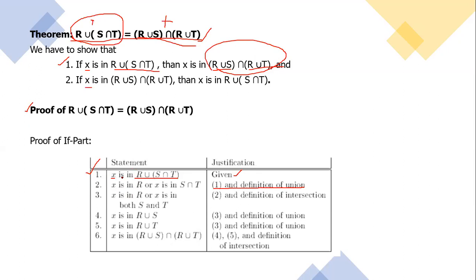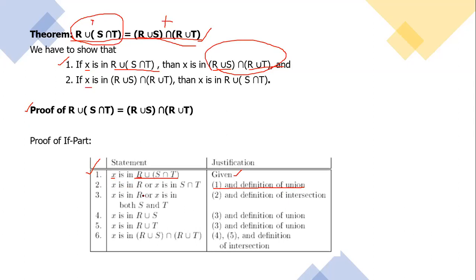What sets do we have in the left hand side? R union (S intersection T). So I can say the particular X is present in the set R, otherwise X is in S intersection T. With the help of the first point and the definition of union, I can say X is present in this term or this term.